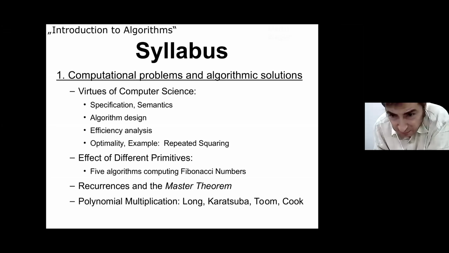So the upshot of section 1 was this criteria, which I call the criteria of algorithm evaluation. Which consists of specification, semantics, which is primitives and cost, algorithm design, efficiency, and optimality.